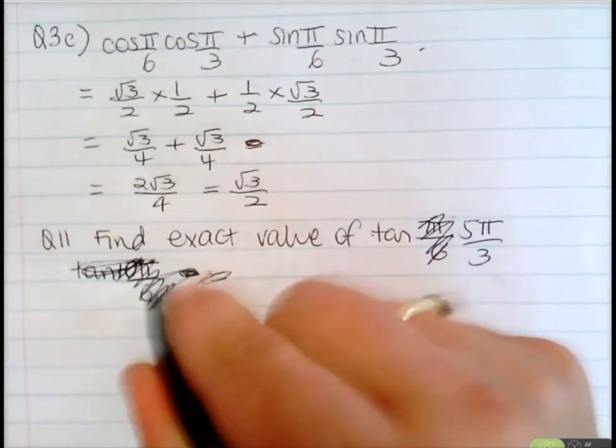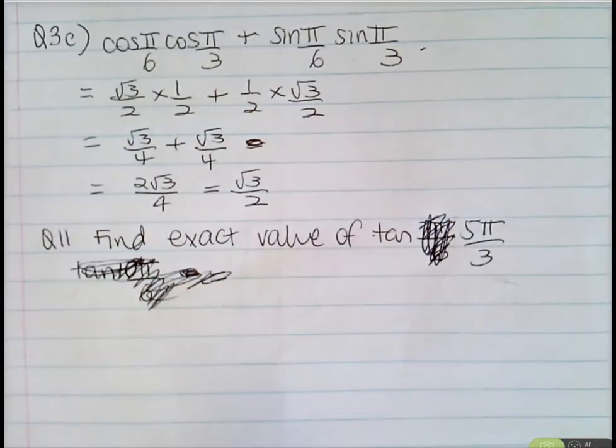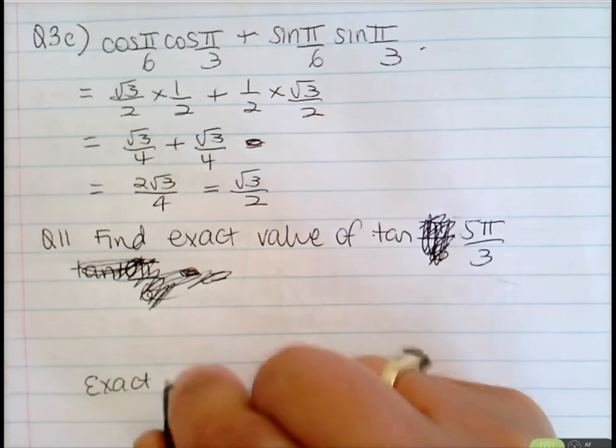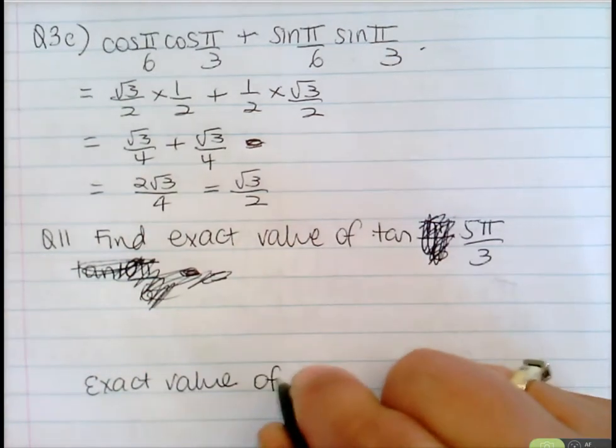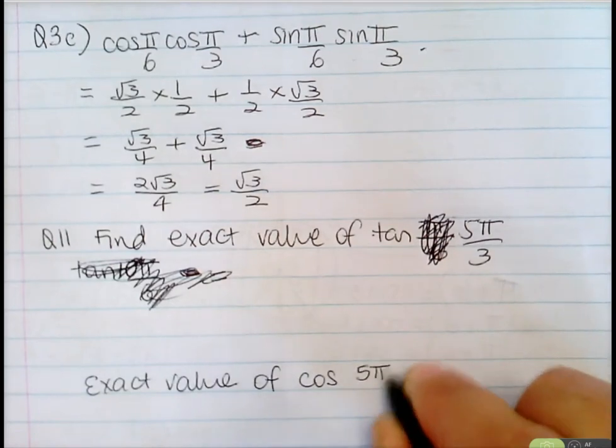Find the exact value of tan 5 pi on 3. Where's that one sitting? And then you can do exact value of cos 5 pi on 3 as well.